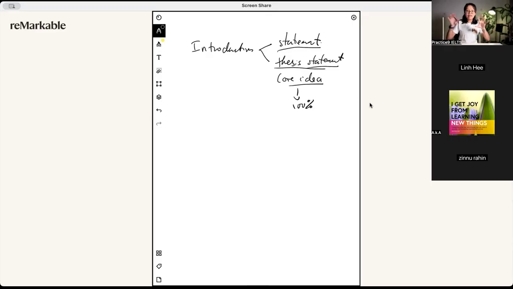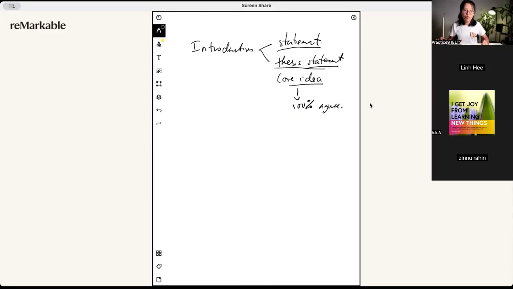This is very important for you to know because we're going to go back to the writing that we were talking about, and together find the mistake of that particular introduction. So my core idea for this essay is that I 100% agree with the statement.